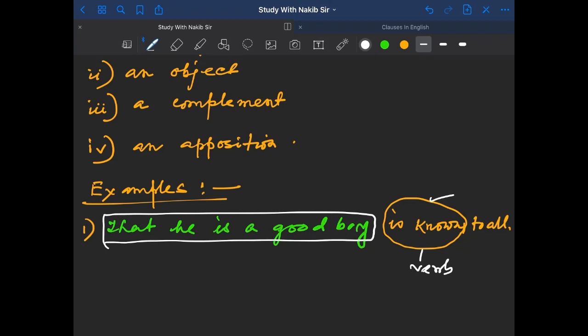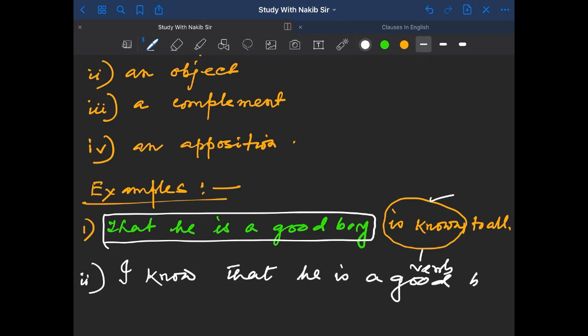Okay. Now object, number two. I know that he is a good boy. That he is a good boy is an object to this verb know.